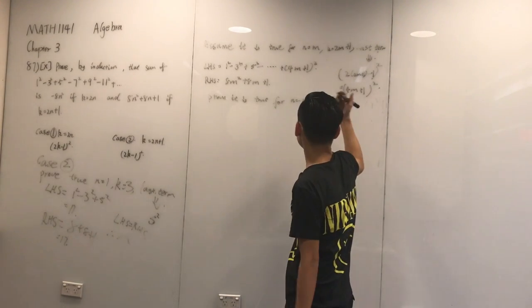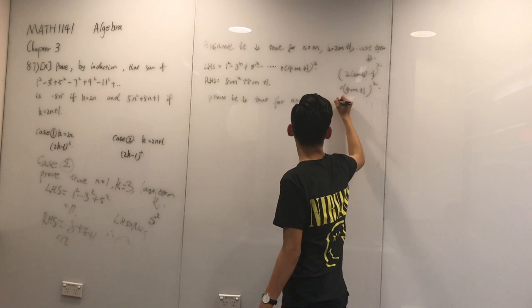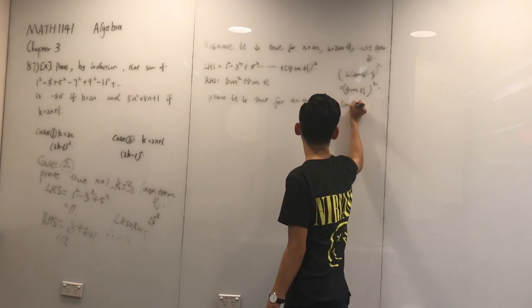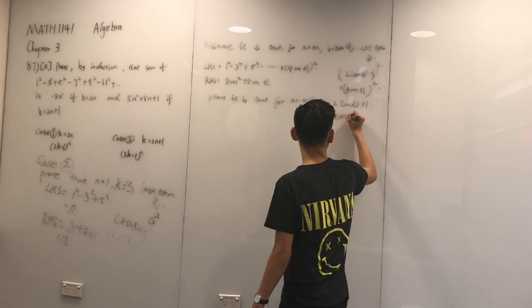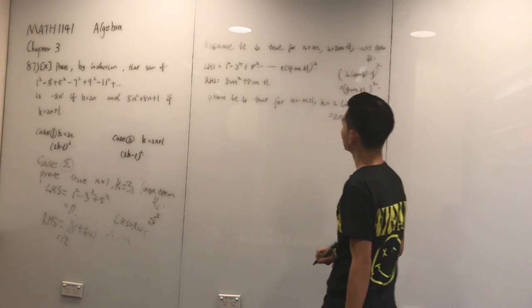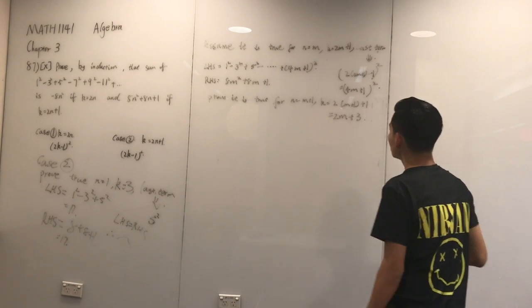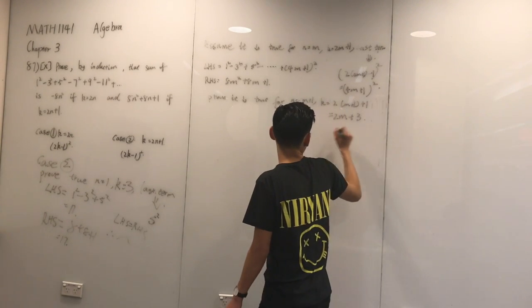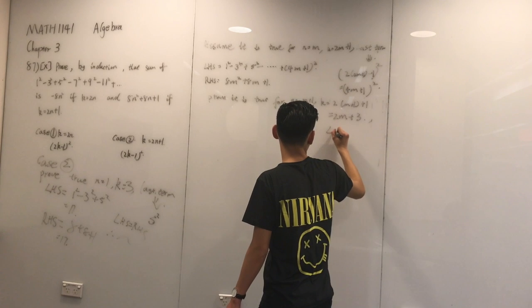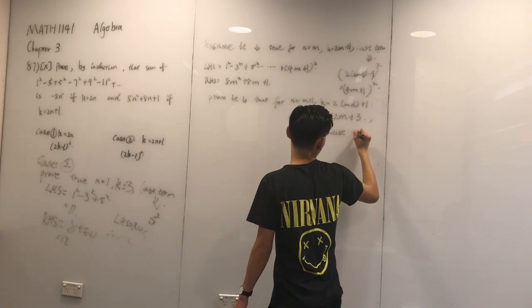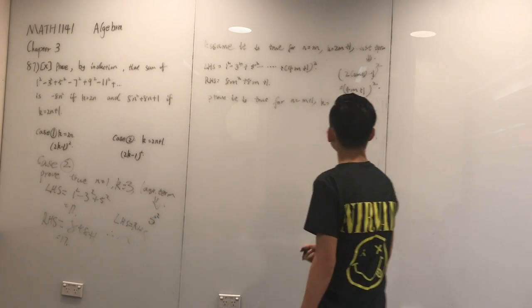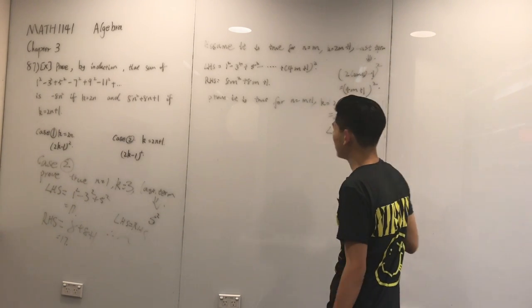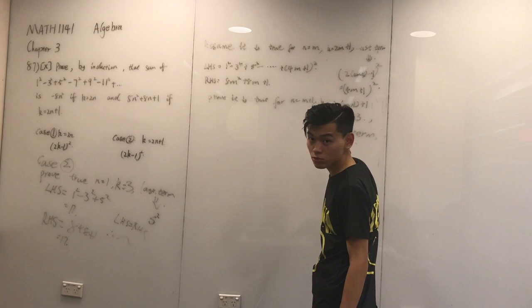Right? And write down what the k is. Right? So what will our last term be? The last term will be what? 2k minus 1 squared, right?